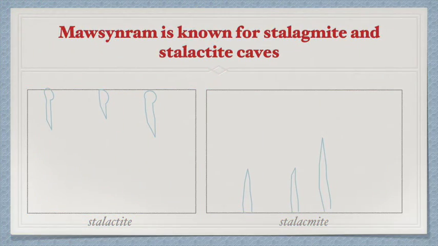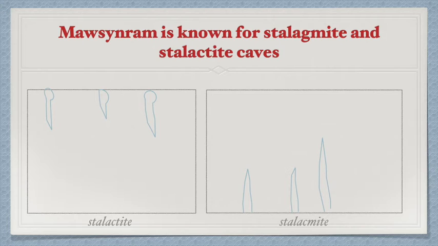Mawsynram is the highest rainfall receiving place. In this place, both stalactites and stalagmites are observed. Both these structures develop inside caves. In this high rainfall zone, water droplets carry some minerals and deposit them over the roof of the caves.